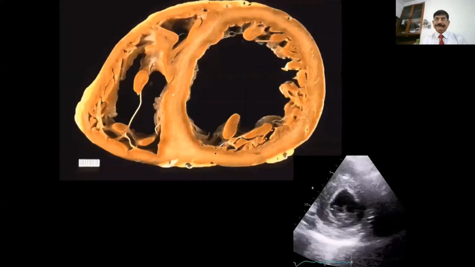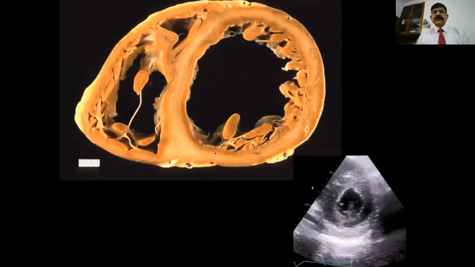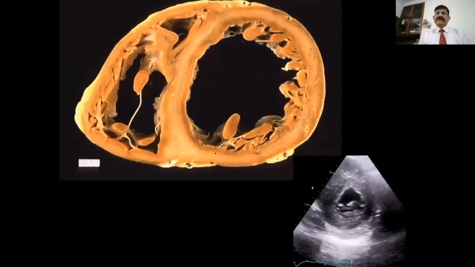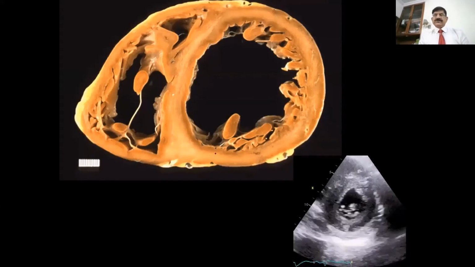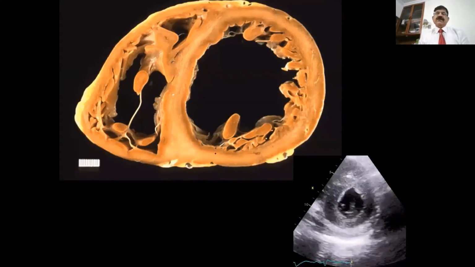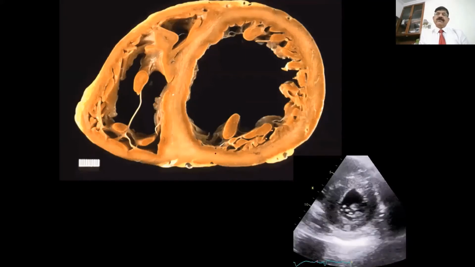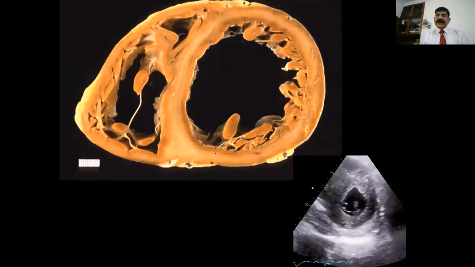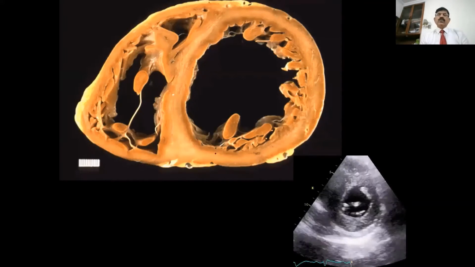How do we measure the wall thickness? There is a short axis view, the pathology specimen, and of course lower down short axis view. You obviously are not going to measure trabecula. You're not going to measure endocardium. You start from the trailing end of the endocardium and go to the leading edge of the epicardium.